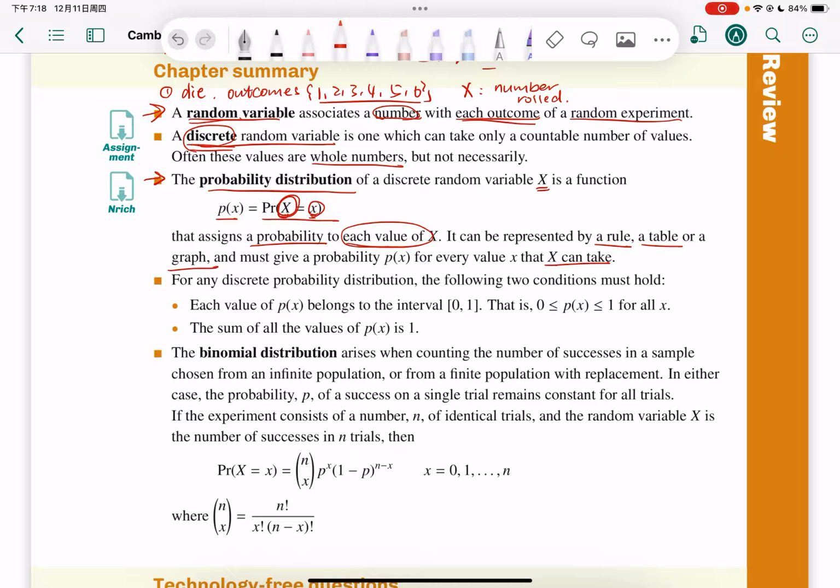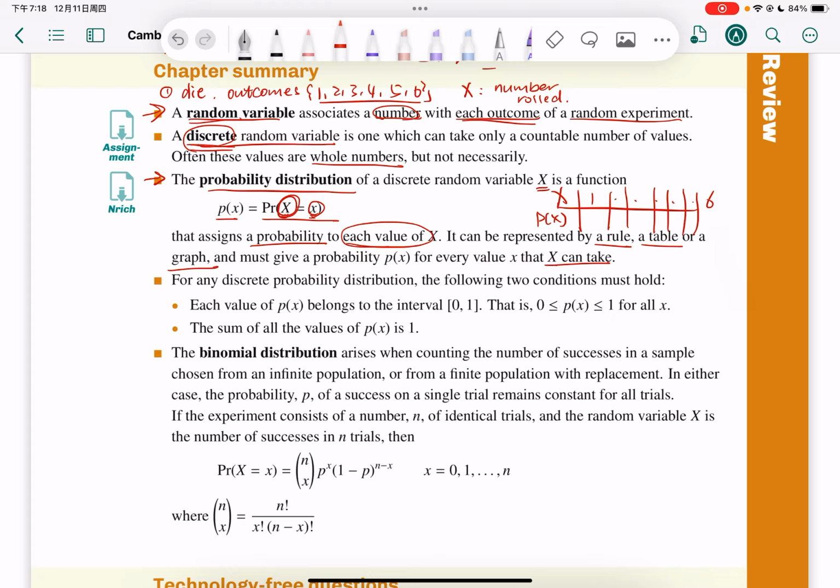So normally, if we're dealing with discrete, we're usually using a table. For example, we have the big X and p(x). For the die, we can have 1, 2, up to 6, so many grids over here.